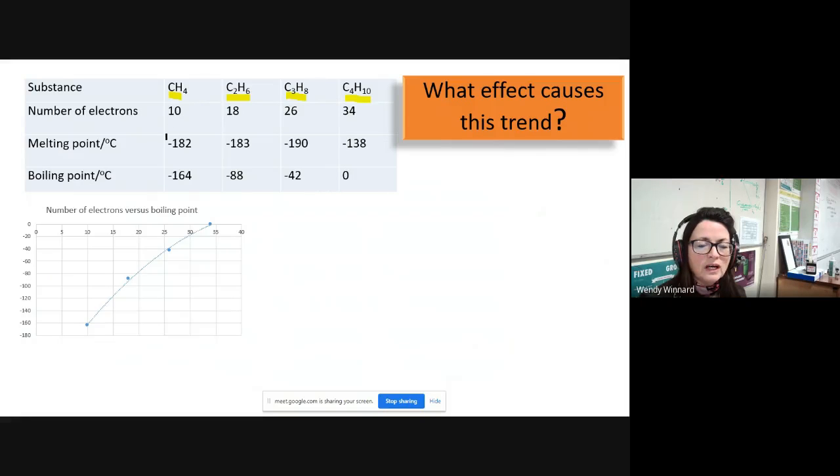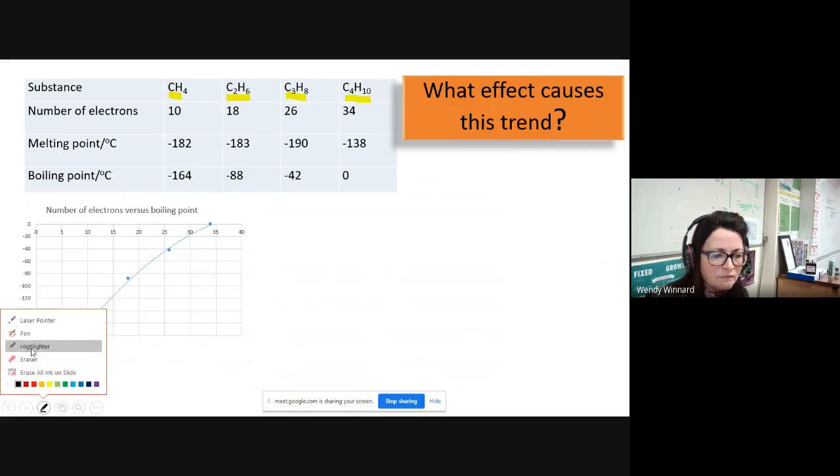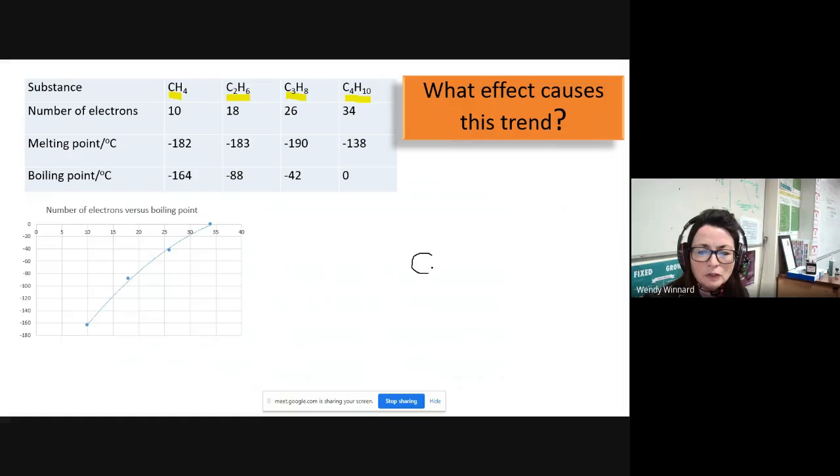As we look at the number of electrons, what do we mean by the number of electrons? Let's draw a molecule of methane, the simplest one. Methane is CH4. If we count the electrons in this molecule, hydrogen has 1 electron, 1, 2, 3, 4.